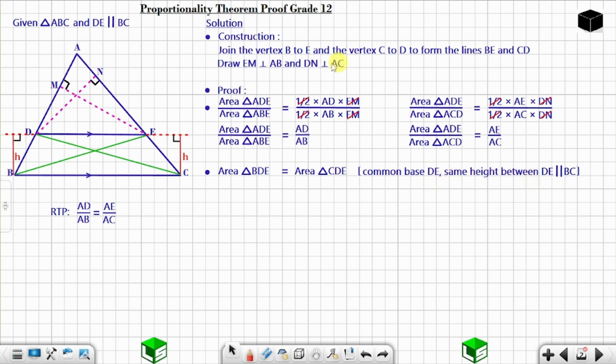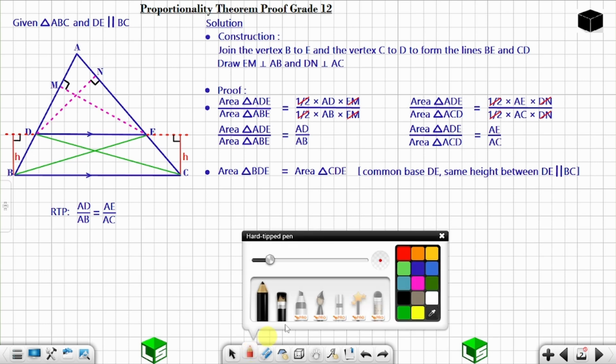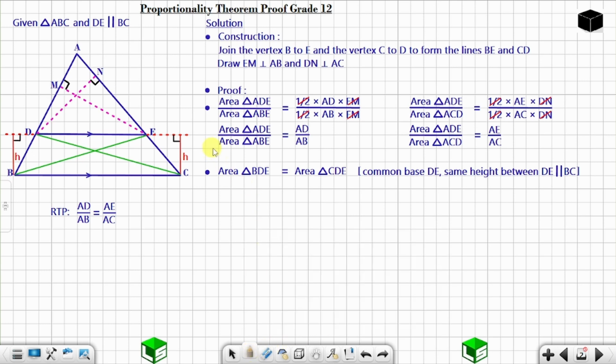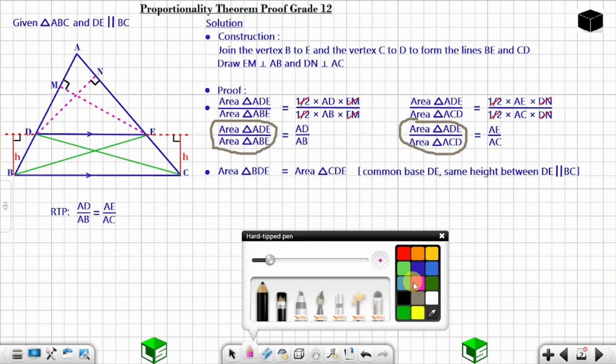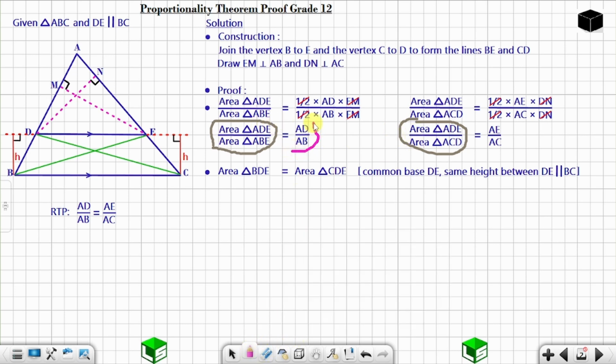Now, after doing this, the question is: is this ratio equal to this ratio? If the two ratios are equal, then this is equal to this. You can see in the numerator you have area of triangle ADE in both.